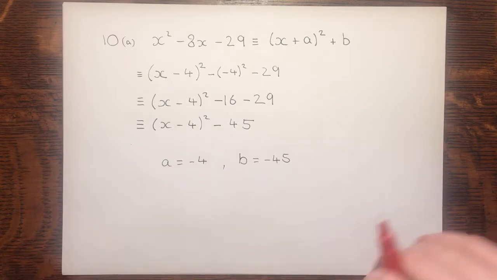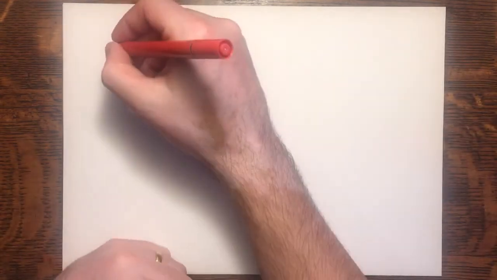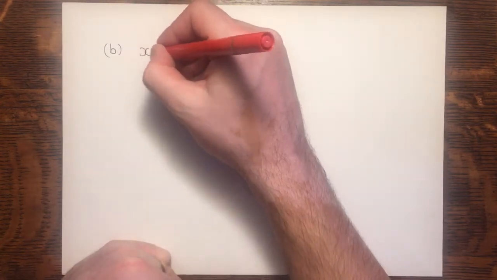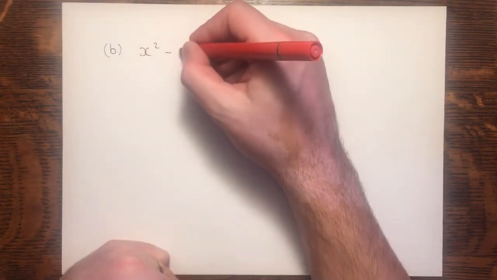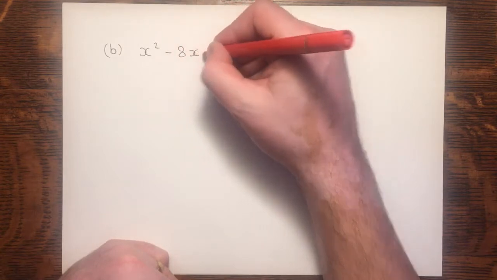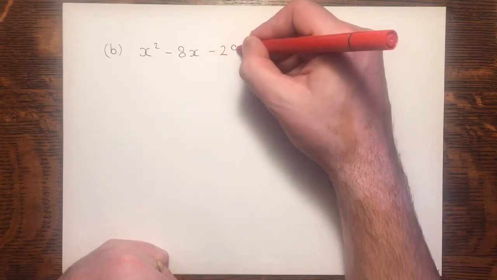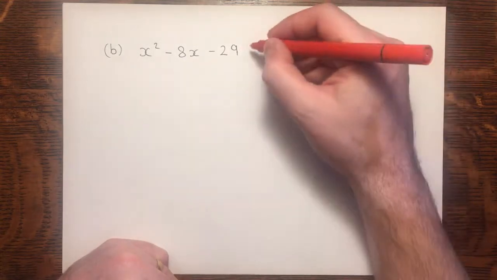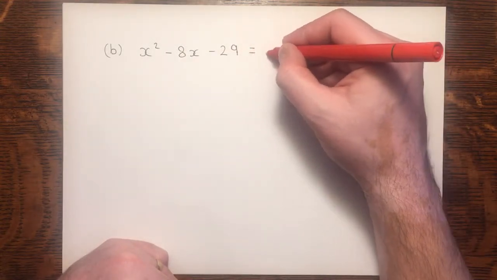So, on to part B. In part B, we are told that x squared minus 8x minus 29, that's the expression from part A, equals 0.